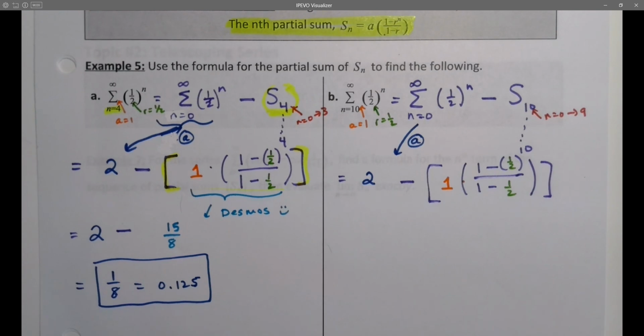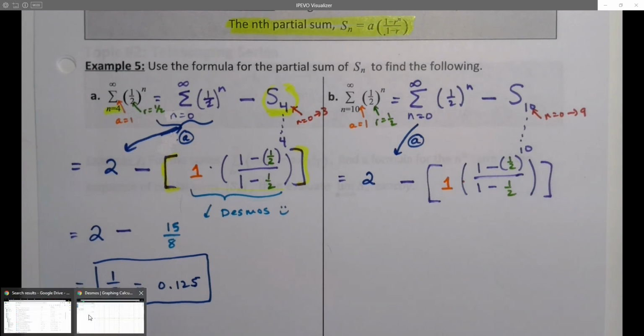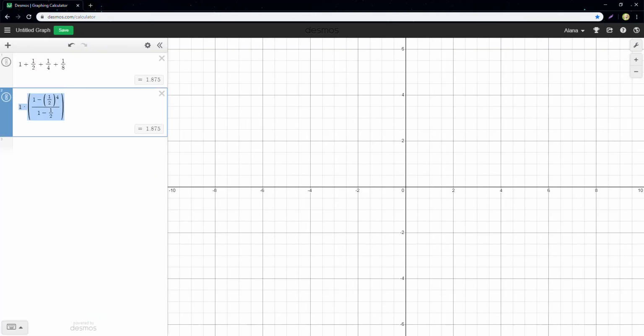Okay, so I'm going to go back to Desmos. And heck, I'm going to copy and paste because what changed is this value right here. Oop, but it's still to a power, sorry. So 10. And then if I want a fraction, there I have it. So decimal fraction, just like that.